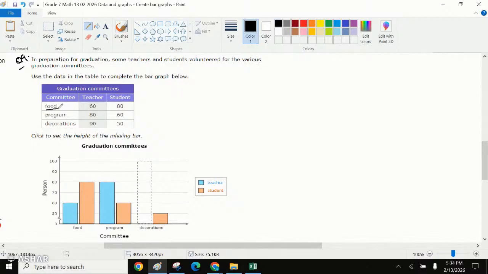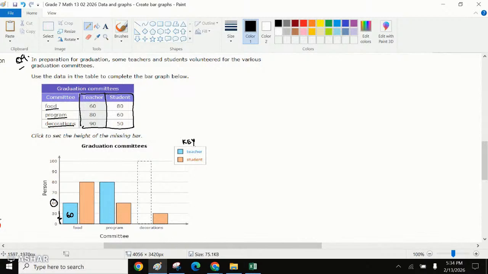Some want to work in the food, some want to do the program, some want to do the decor, right? These are the number of teachers for each, and these are the number of students for each. So for food, we can see the bar has been compressed, because the key is already provided to us, the color key. We call it key as well.